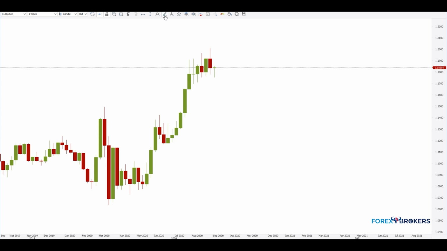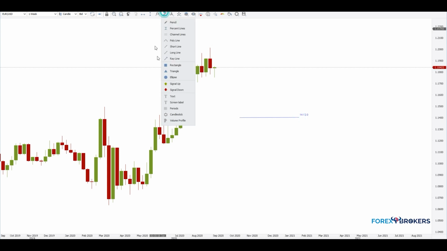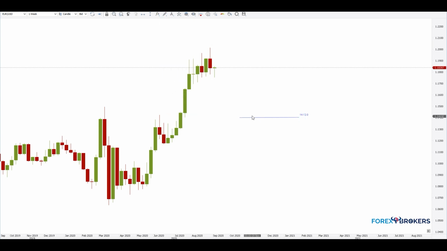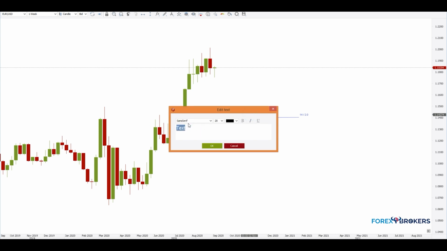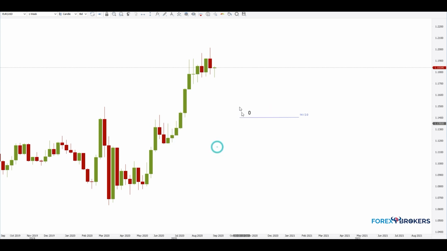Now let me share here two things. Number one is, let's say this is the zero level. What does it mean, zero level? When inflation reaches zero, the zero inflationary level.